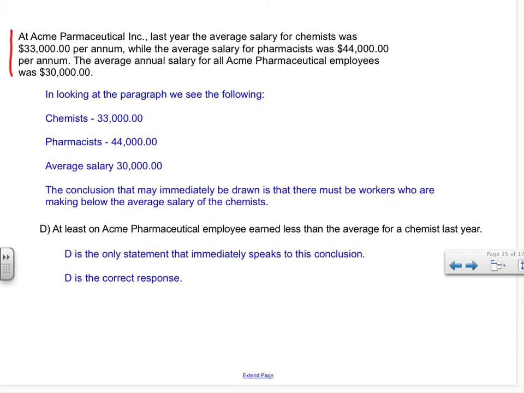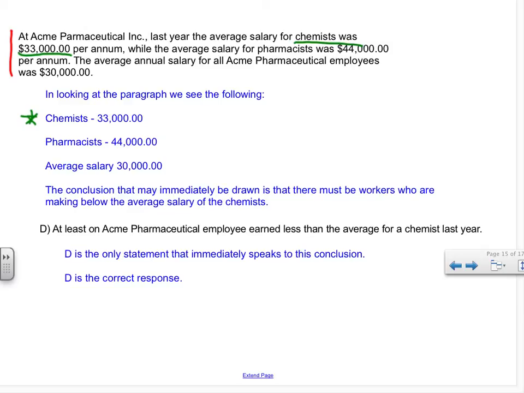At Acme Pharmaceutical Inc. last year, the average salary for chemists was $33,000 per annum, while the average salary for pharmacists was $44,000 per annum. The average annual salary for all Acme Pharmaceutical employees was $30,000. So after we read that paragraph, we can determine a few things. First off, the average salary for chemists was $33,000 per annum, and we write that down here.